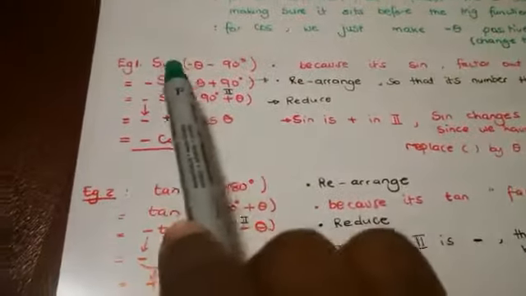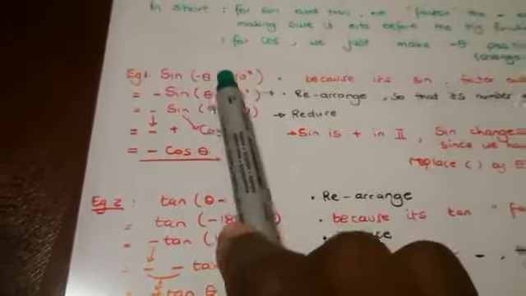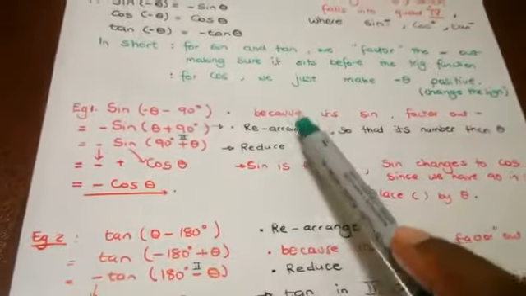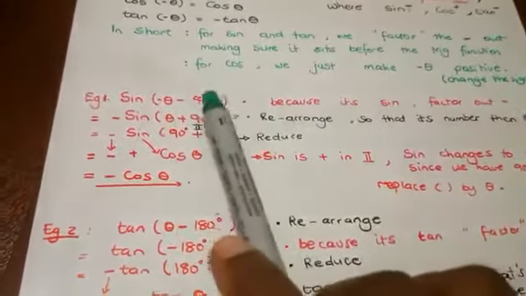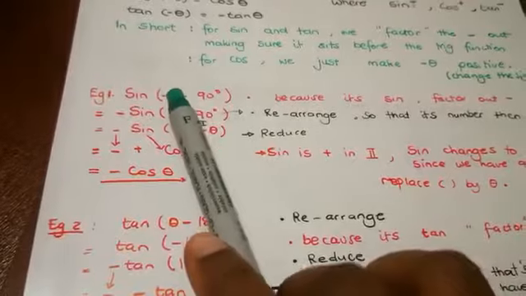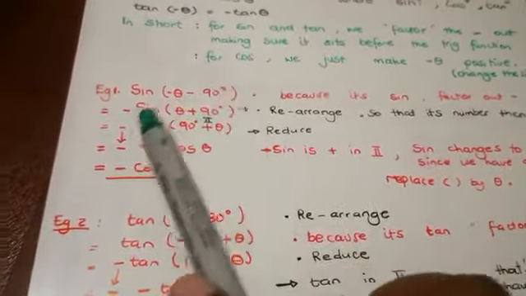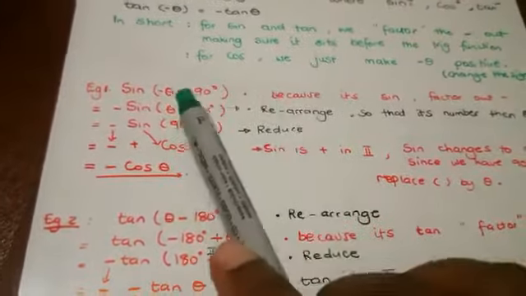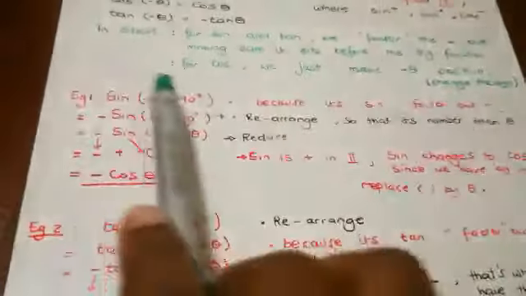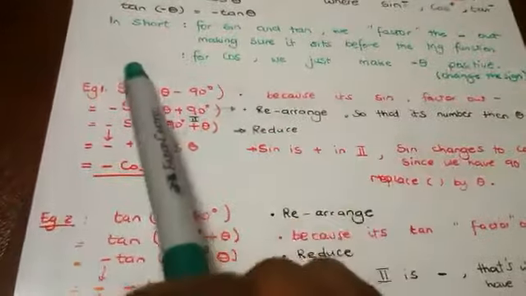So here this is sine, and as you can see, we've got a negative. The first thing that we will do is start by rearranging so that it is the number first and then theta. Then because it is sine, we factor out the negative. Factoring out is exactly the same as you did before.